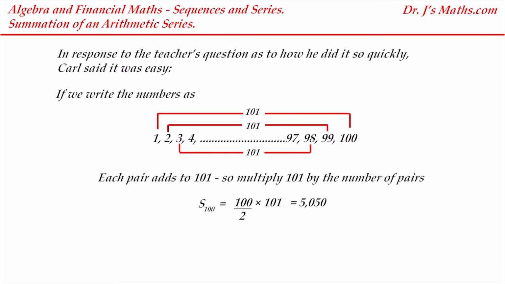The teacher was very impressed. So putting Carl's work into our words, we can say that the sum of n terms of an arithmetic series is equal to the number of pairs that we have times the sum of the first term plus the last term.